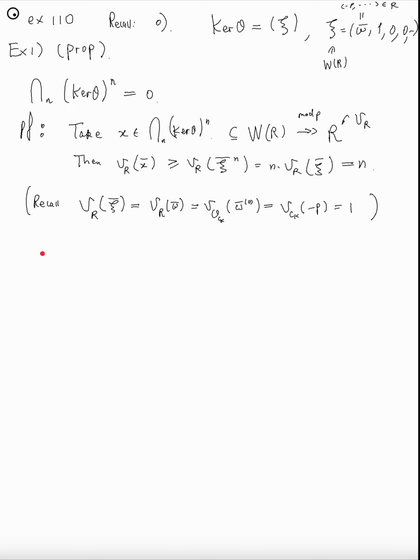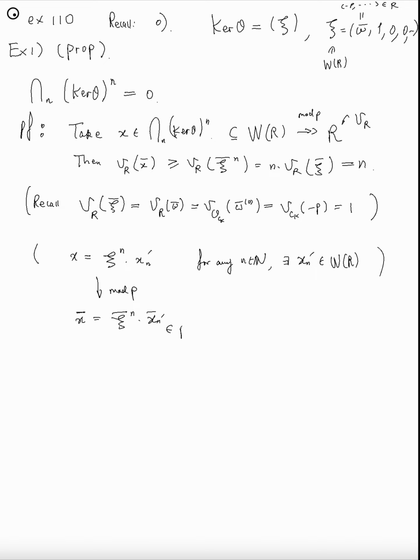And why do we have this bigger or equal? Because x is C to the power n times x_n prime, for any integer n, with x_n prime in W(R). Then we mod out by p, and this gives x bar equals C bar to the power n times x prime bar.